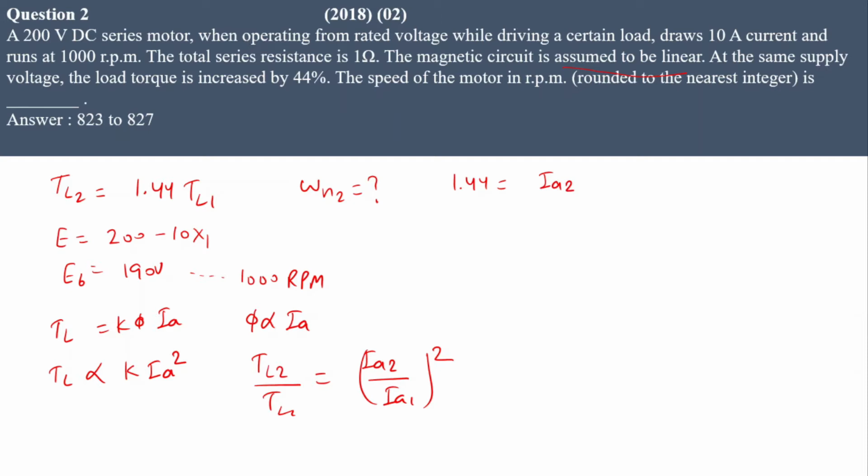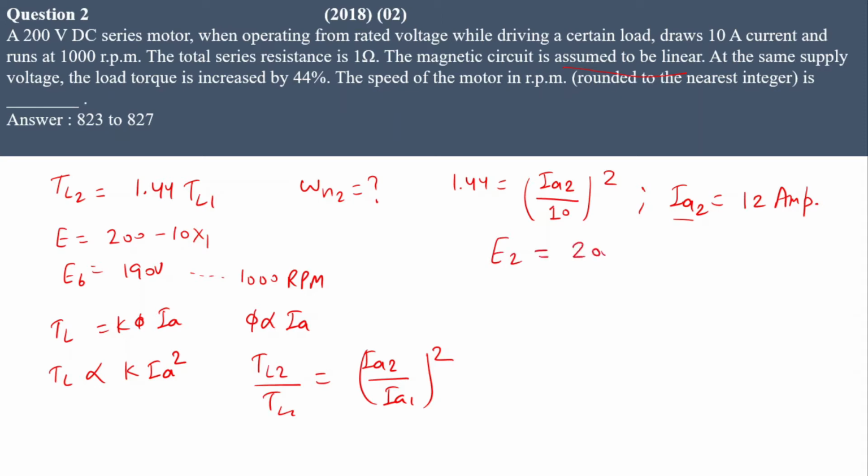For the increased load of 44%, what will be the armature current? Ia1 is 10 amps, whole square. So from here you can calculate Ia2 equal to 12 amps. Okay.